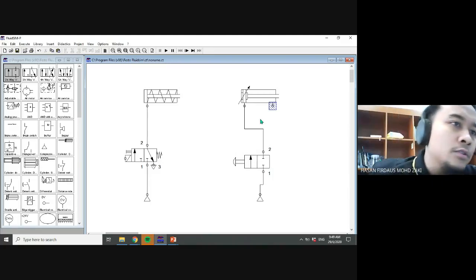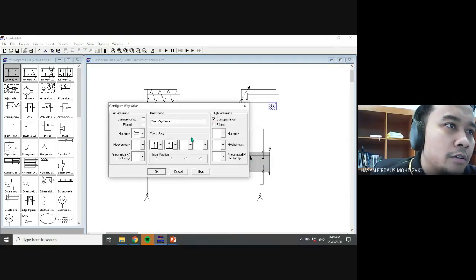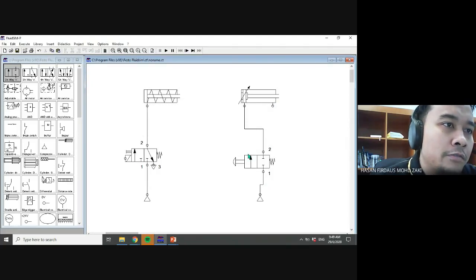If you push this, let's put the spring, this position will be used. Now you have flow from 1 to 2, so the cylinder will advance, and it will stay there.